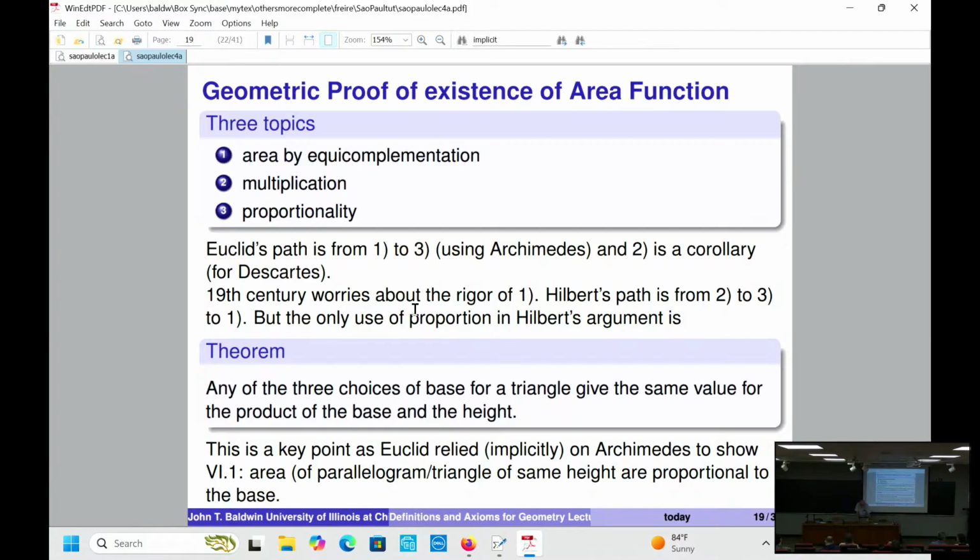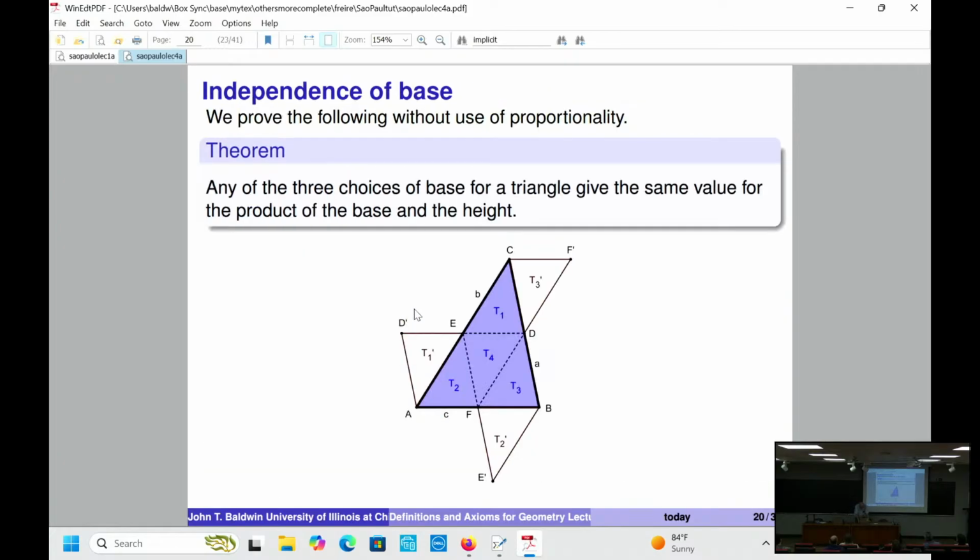And I want to say something about, we get this in, we want to talk about this in terms of the area function. That's because another thing.